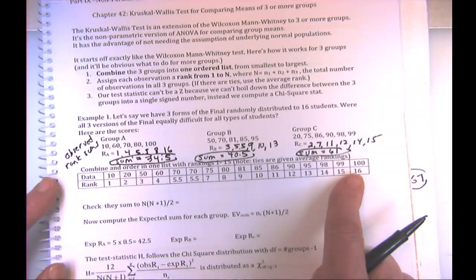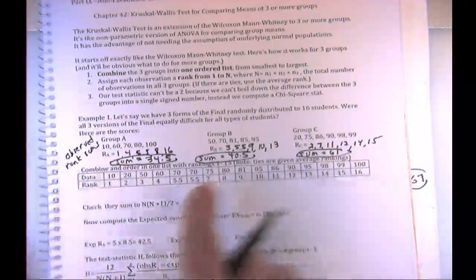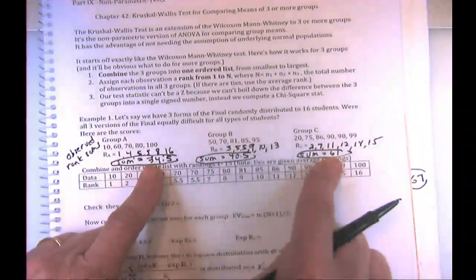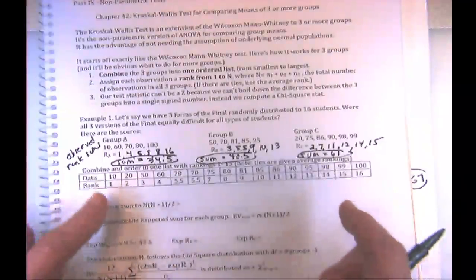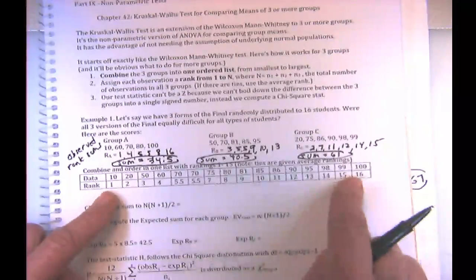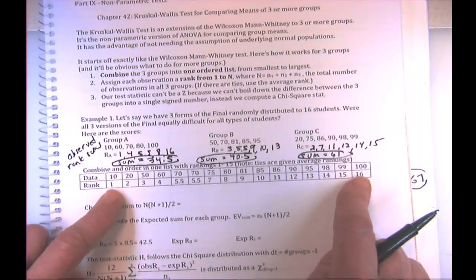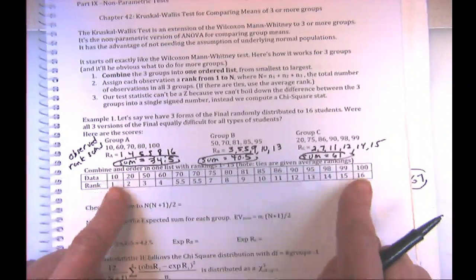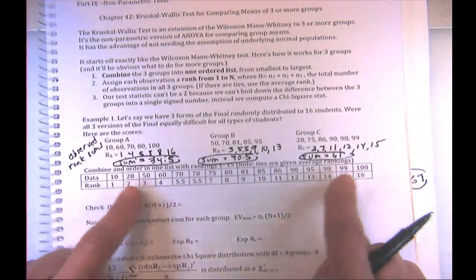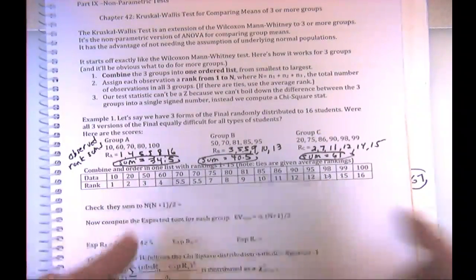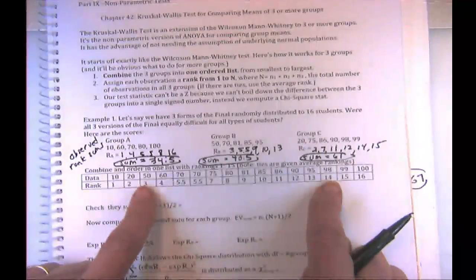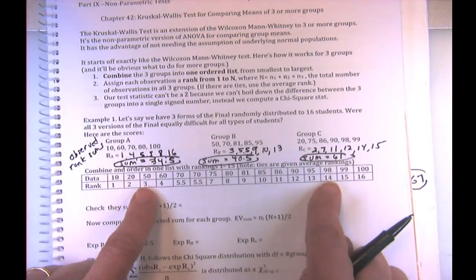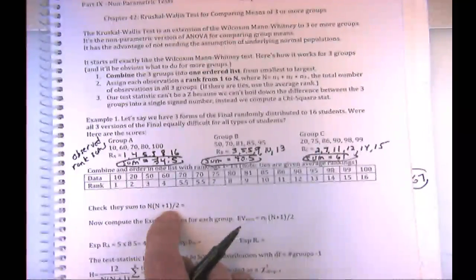Now you should check that these sum to the numbers between 1 and 16. Remember, when we add up the numbers between 1 and n, we use this formula. 1 plus 16 is 17, 2 plus 15 is 17, 3 plus 14 is 17, etc. And so we get this formula.